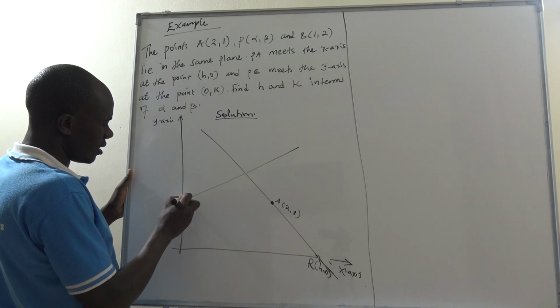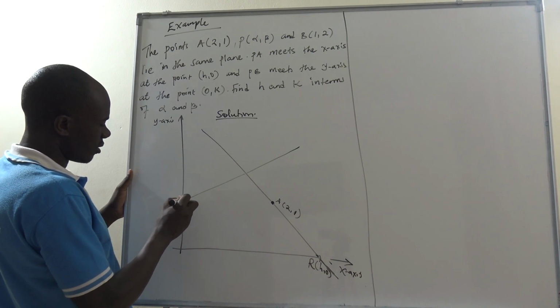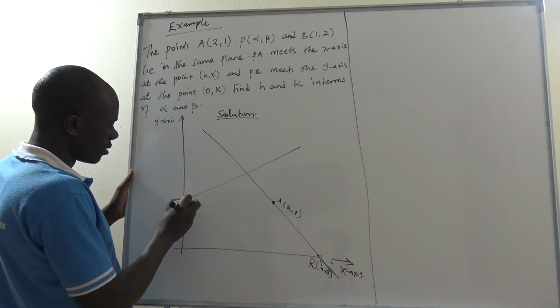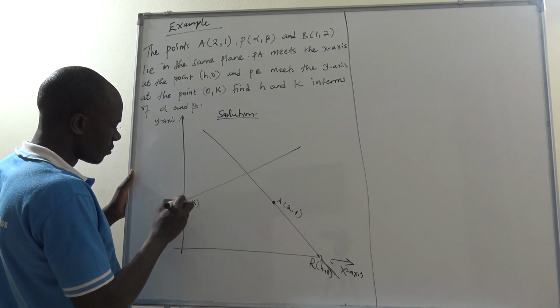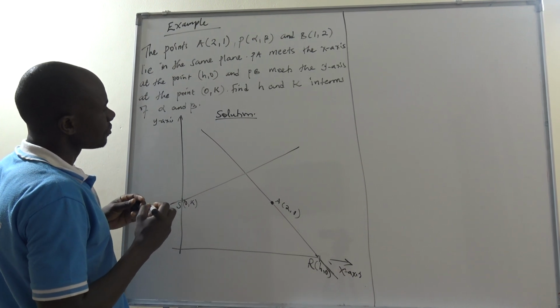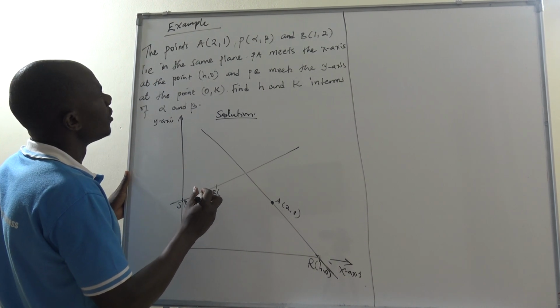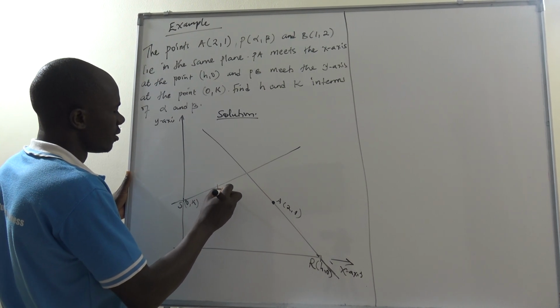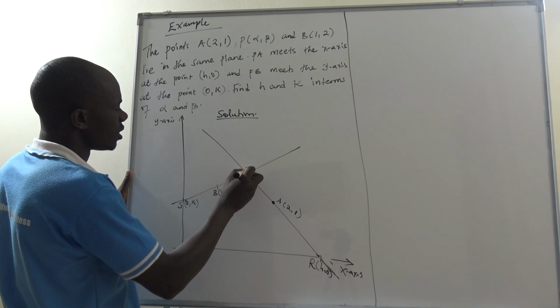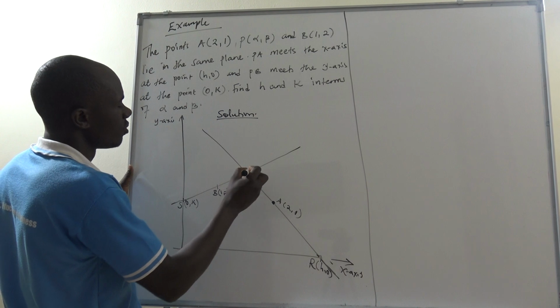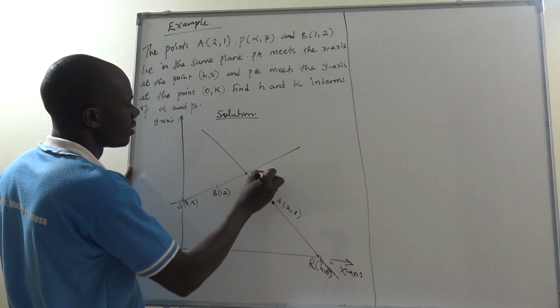I can call this point S, and point B is given as (1,2). So this is point B, where they are meeting, because they said they are on the same line, with P being (alpha, beta).